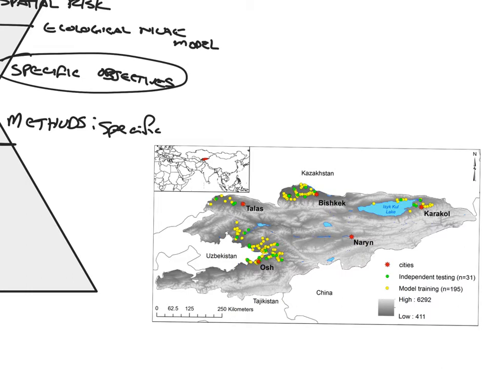In this study, we have our historical anthrax outbreaks, and then those are divided into two parts, model training and model testing data. That's the way that our data sets need to be divided so that we can perform that particular type of analysis.